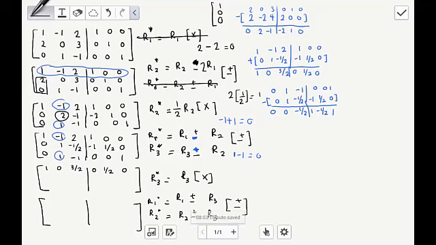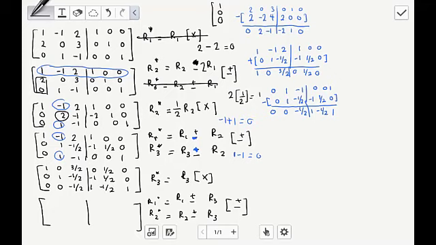No changes in row 2, so I'm going to copy row 2 as it is: 0, 1, negative 1 over 2, negative 1, 1 over 2, 0. And we got a new row 3, which is 0, 0, negative 1 over 2, 1, negative 1 over 2, and 1.